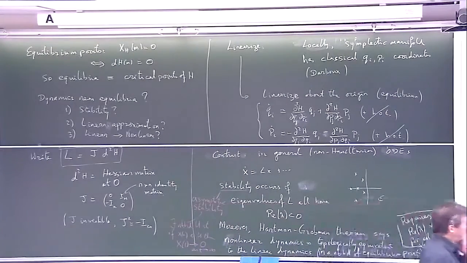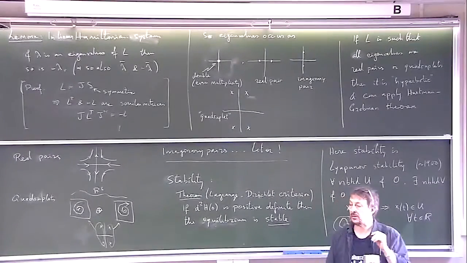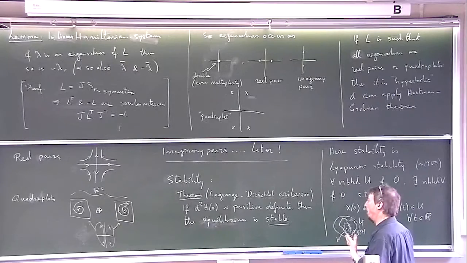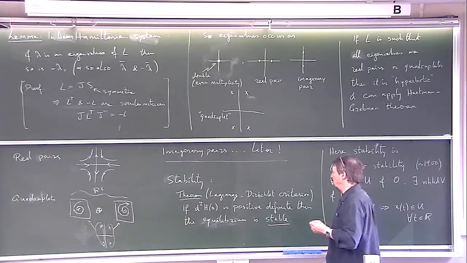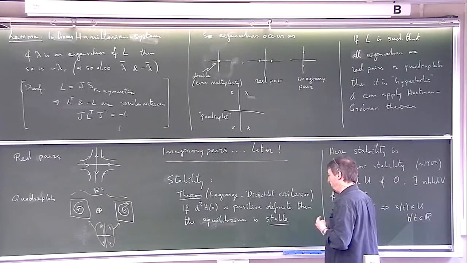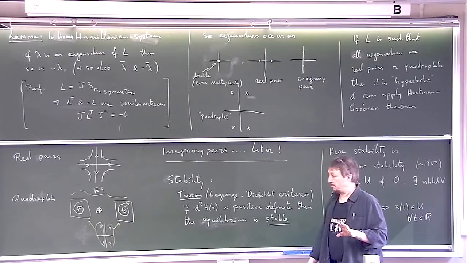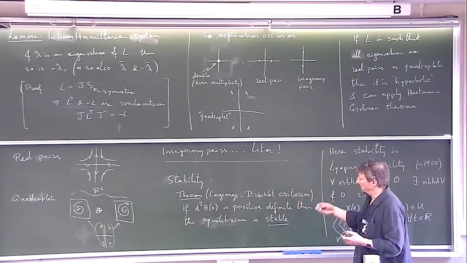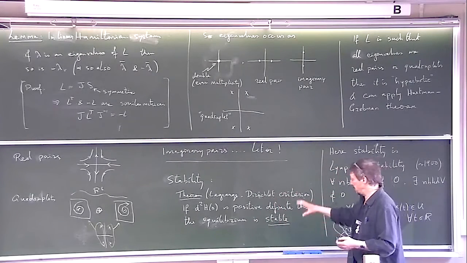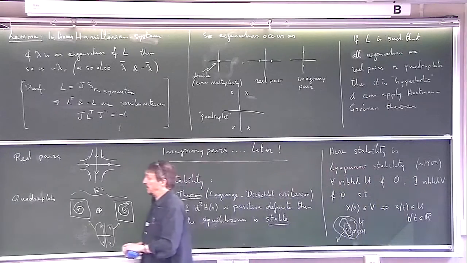There are subtle arguments using KAM theory that work in low dimension only, in 2 degrees of freedom, so n equals 2. But in generality, this is really the only method.